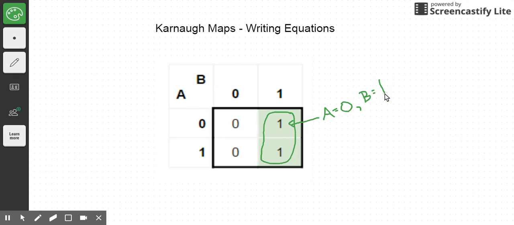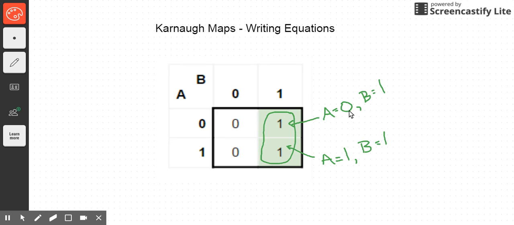So A is 0 and B is 1 in that cell. Where in this cell down here, I can see that A is 1 in that cell, and B is 1. So when I look at those values, I can see that A changes.